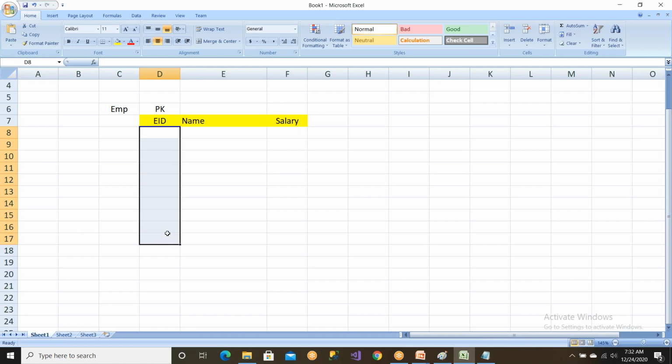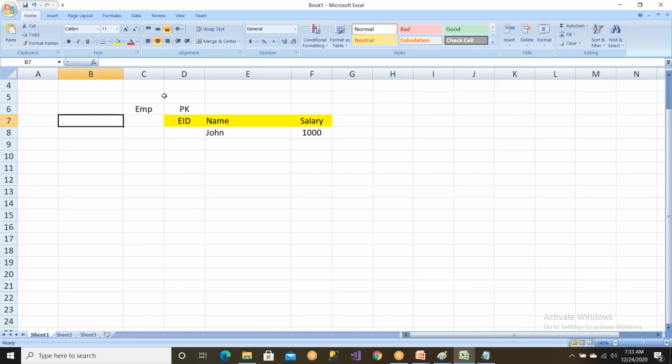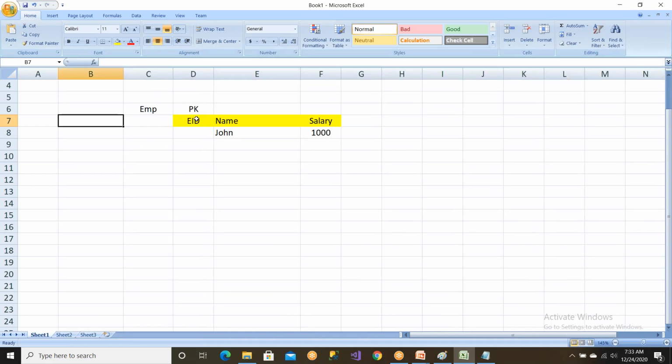I don't want to insert it manually. I will insert only the name, John, and salary 1000. When I insert this, a number has to come automatically. If you want an automatic number, you have to create what is called an identity column on this column.